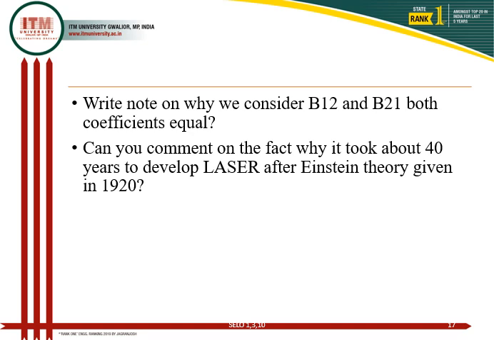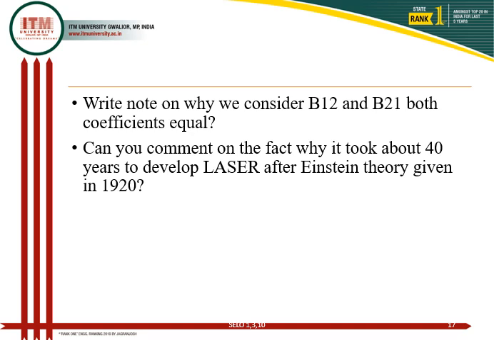Two exercise questions I am giving you to think over. All the questions are conceptual. Why do we consider B12 and B21 coefficients equal? What is the advantage of this? And what if we do not consider these equal?